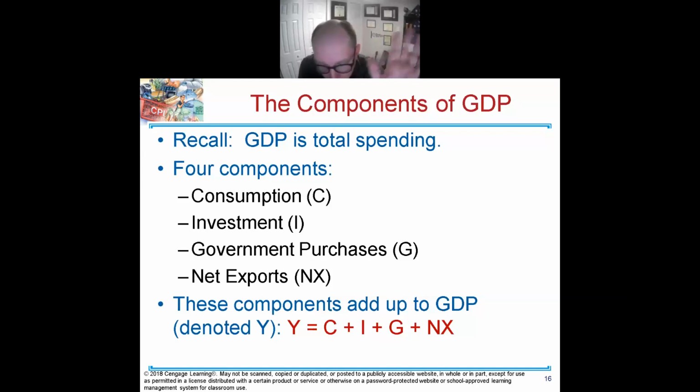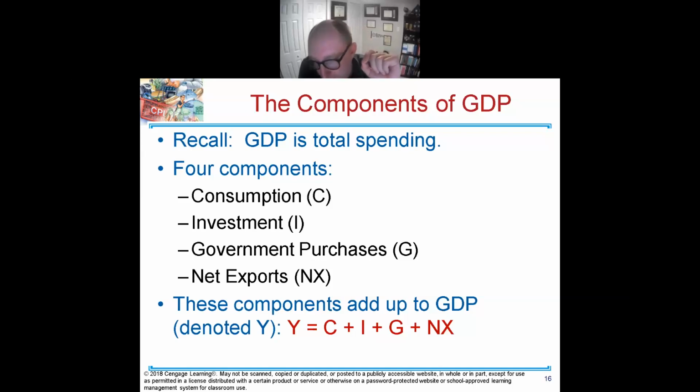Companies that are publicly traded through open exchanges, that's a form of investing. Plus, government purchases. Government purchases is the spending by the federal government. We call that government purchases.